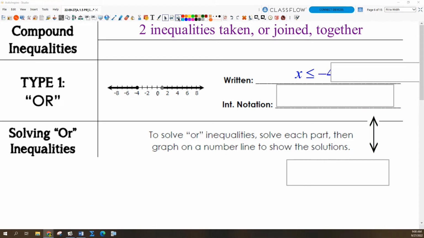Okay, so how would we write that then? We'd write that either as x is less than or equal to 4. So that looks to be this region over here, right? There's the x is less than or equal to 4. Or, and by the way, this is the symbol for or. Okay, let's write that down.